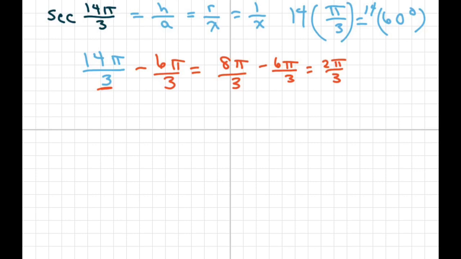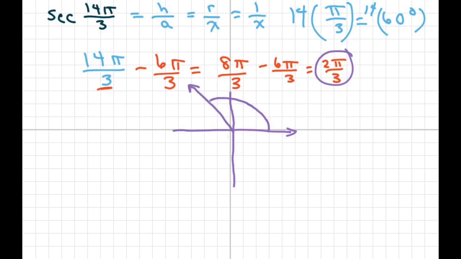So 2 pi over 3 means we have 2 60s. I'm going 60 here and 60 more, so it's 120 degrees. It's your initial side and a terminal side.